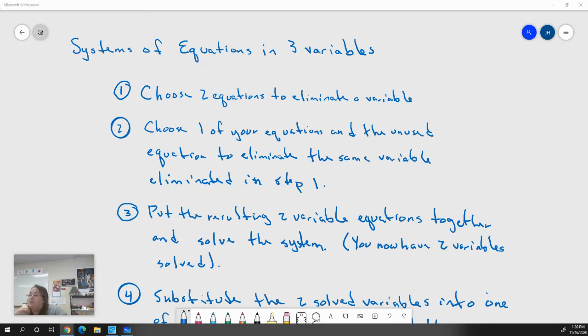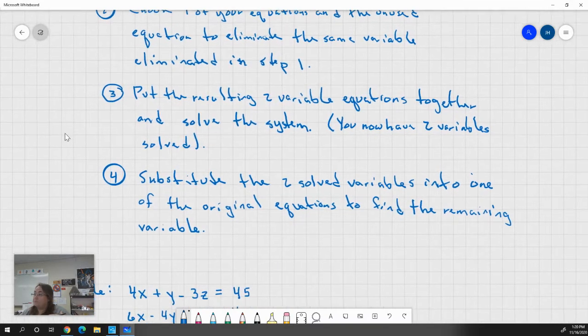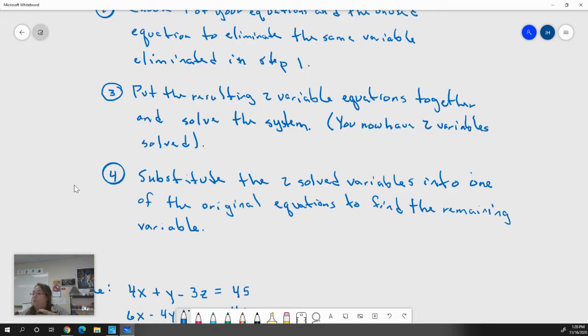We're going to put the resulting two variable equations together and solve them like a regular two variable system of equations. And now you have two of your variables solved. And so when we want to find the third variable, all we have to do is plug them into one of the original equations, and then you can just solve it for the other variable.